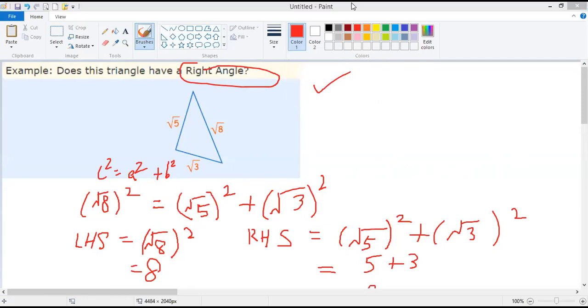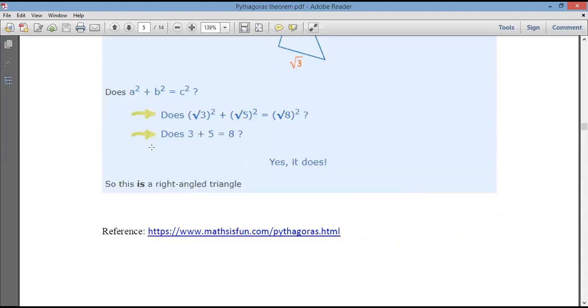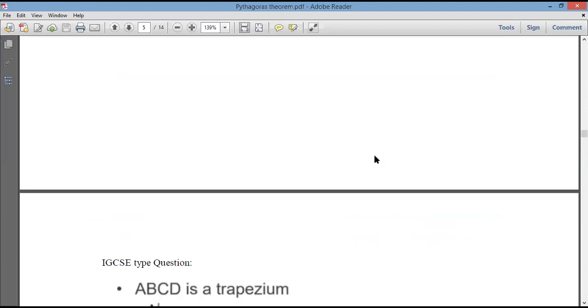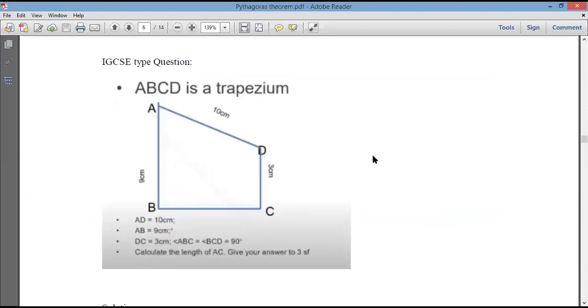Okay, it's okay, Rowan. So we go back to the notes, and see if there are any more questions. I think there is one. I took all of this from this website, you can go and explore it yourself. So here comes the important part: IGCSE type questions.